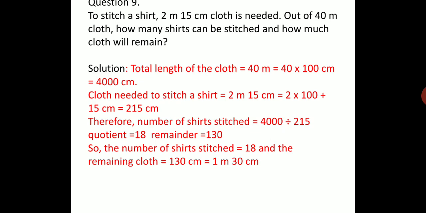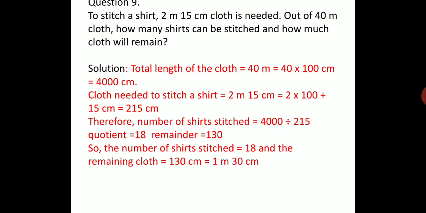215 centimeter. Therefore the number of shirts stitched equals 4000 divided by 215. Now here we have to be very careful. Don't do cancellation with the 5 on both sides to reduce the fraction. Directly divide by 215. 215 should be your divisor.